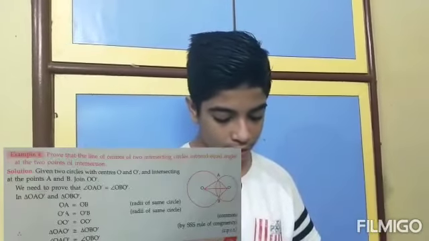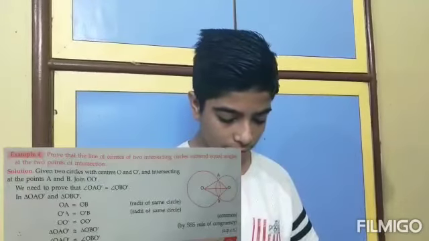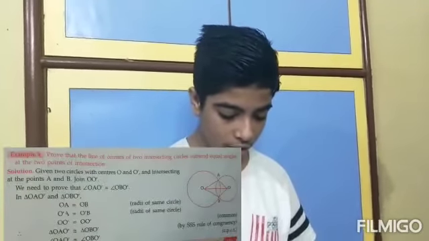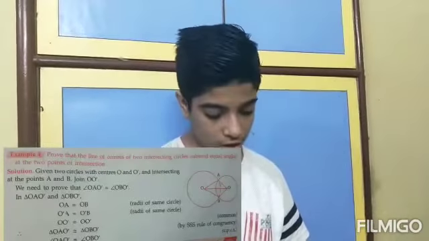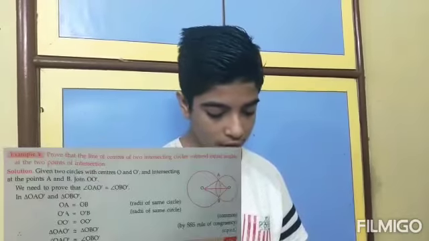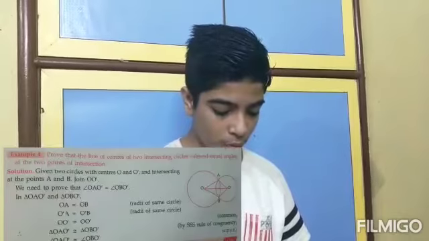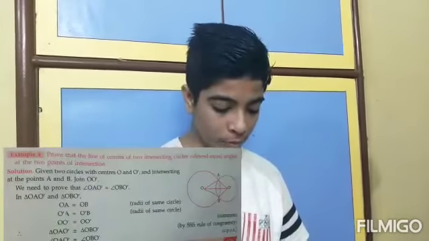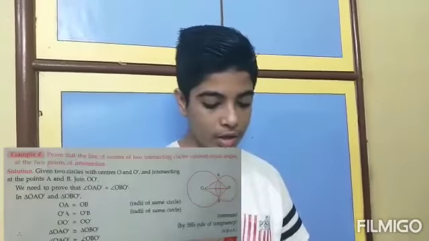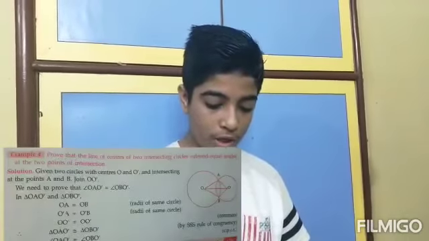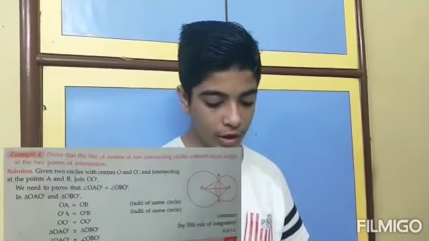It is already given that the circles are intersecting each other at the points A and B. What we have to prove here is that angle OAO dash is equal to angle OBO dash. So let's see now what we get.